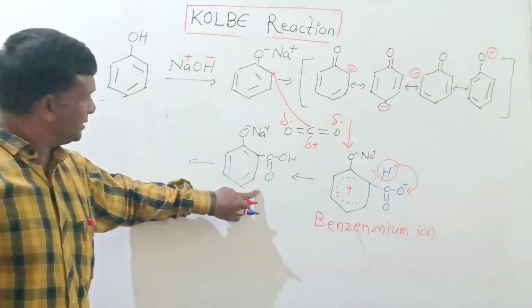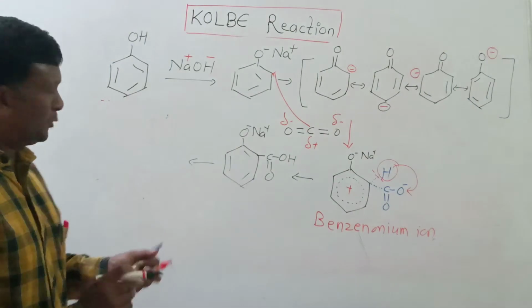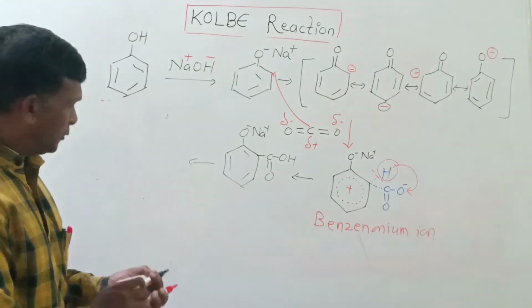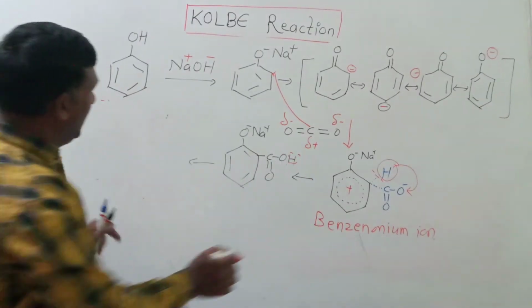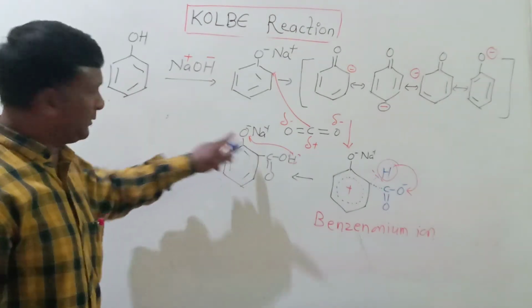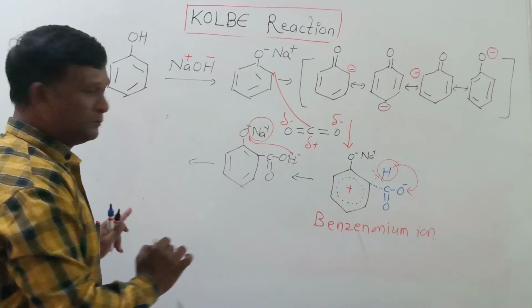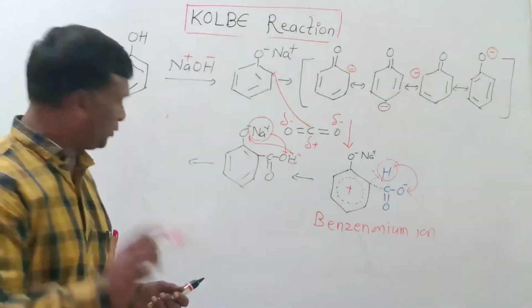Now this product will be an acid. So it is the tendency of an acid to liberate the proton. So the hydrogen of this carboxyl group will migrate over to the oxygen to make it a free hydroxyl group, while the sodium now will migrate over the oxygen to form the sodium salt.